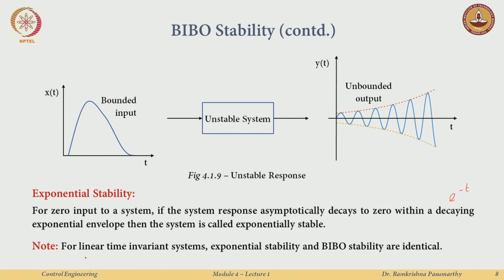We will not go into the details of this, but just as a side note, if I take a linear time invariant system and the system is exponentially stable, then it is also BIBO stable. So, just the definitions of stability, how did we define stability? First, the system, if subject to a non-zero initial condition, will eventually go back to its original configuration or the equilibrium position.